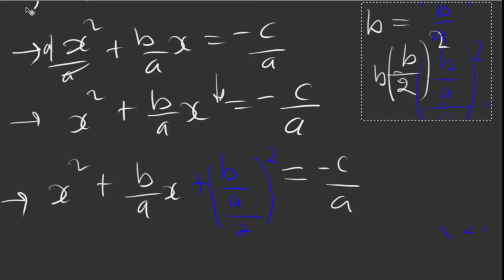Since we have added a certain thing here, we'll add the same thing to the right, yes. So it will be b divided by a, squared.